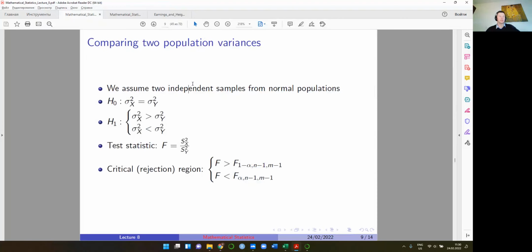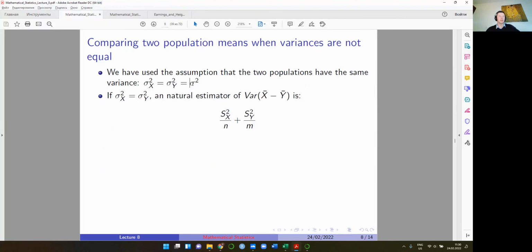Now, when we assume that these variances are not equal, we estimate it in a straightforward way. We calculate the sample variance of x divided by n, which is the variance of x bar, and the sample variance of y divided by m, which is the sample variance of y bar.